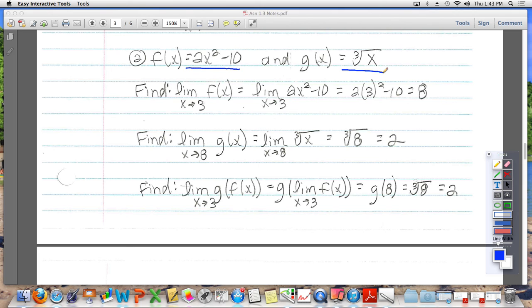So I'm asking you to find the limit of 2x squared minus 10. In other words, I'm taking the limit of that function as x approaches 3. This function is continuous. And if it's continuous, all you need to do is take that value of 3 and plug it into your rule. So you have 2 times 3 squared minus 10, which is 8.